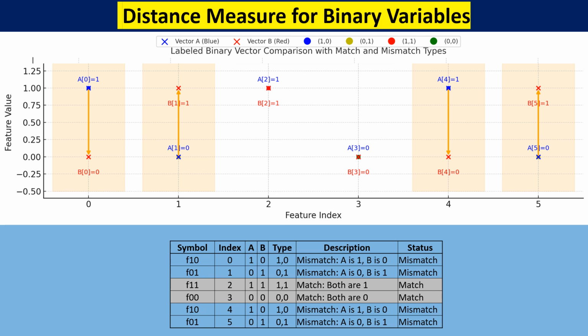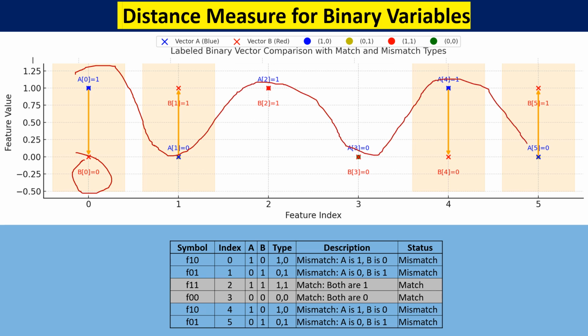Here we match because we have 0 1 1 0 1 0 in A, and B is 0 1 1 0 0 1. So we can say those are mismatch and match.